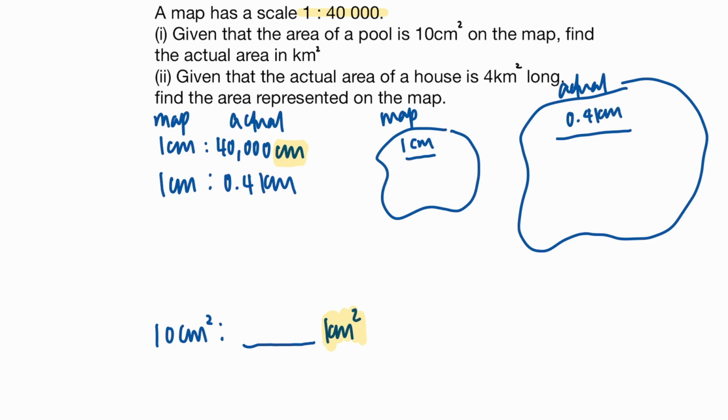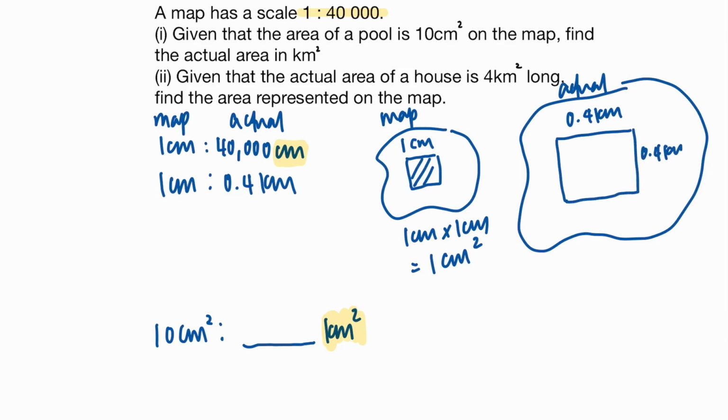So now we're going to find the area of a square, which is 1 cm by 1 cm, which gives us 1 cm square. Likewise for the actual area, it is 0.4 times 0.4, which gives us the area of 0.16 kilometer square.